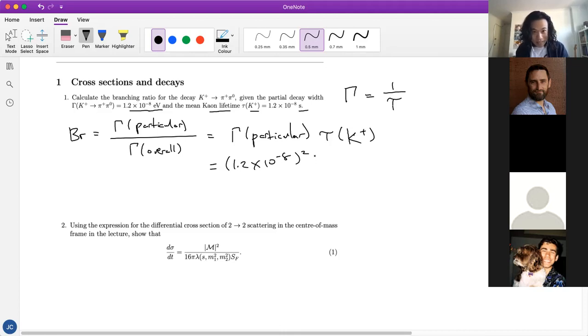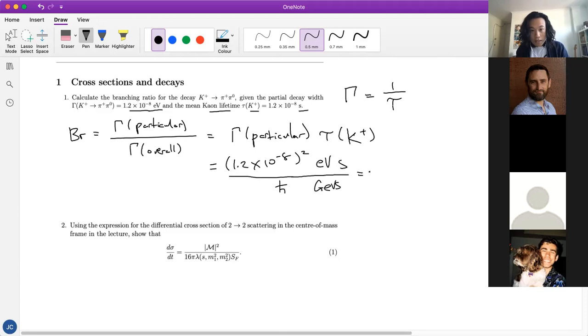Just to make numbers easier. But for units, we get 1 eV from the decay width and a second from the lifetime. If we get out last week's tutorial notes with all the natural units on there, we see that for eV seconds, the constant to use to cancel that out is h bar. So h bar is going to be given in GeV seconds, so these are going to cancel out perfectly.